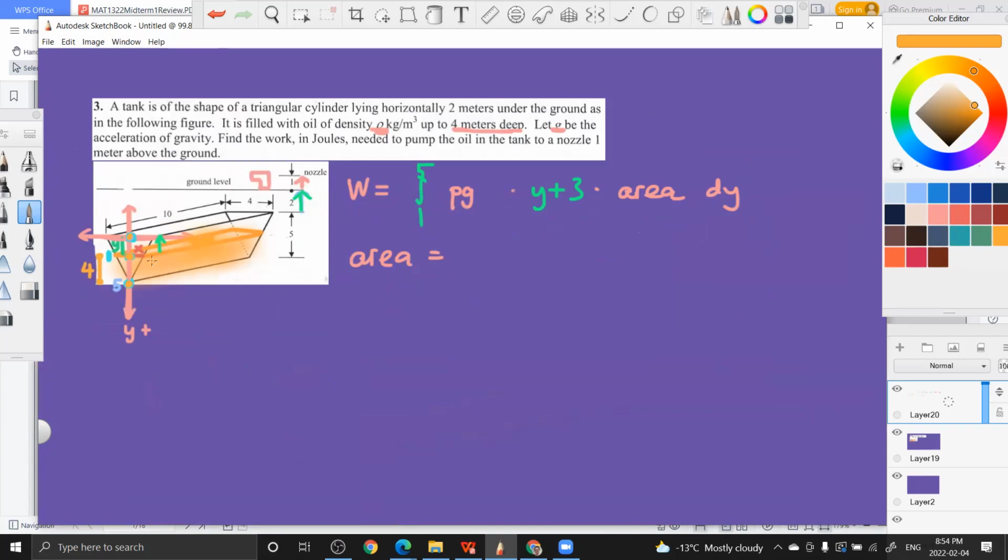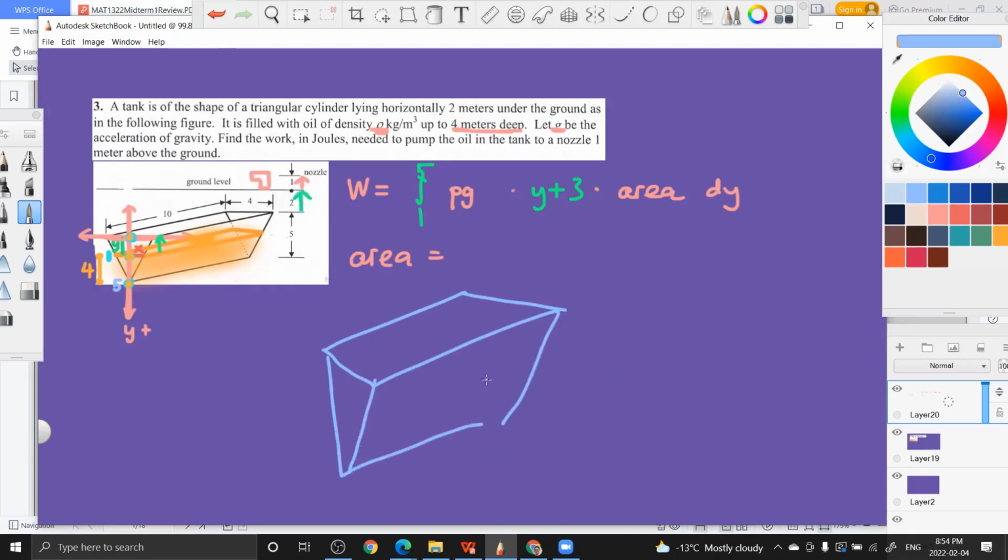So the area, what is this cross section? What shape is that? Can you guys tell me in the chat, is that a circle or a rectangle or a square or a rhombus? What is the shape of the cross section there? No, it wouldn't be a triangle. Here, let me show you. It's not a triangle, guys.